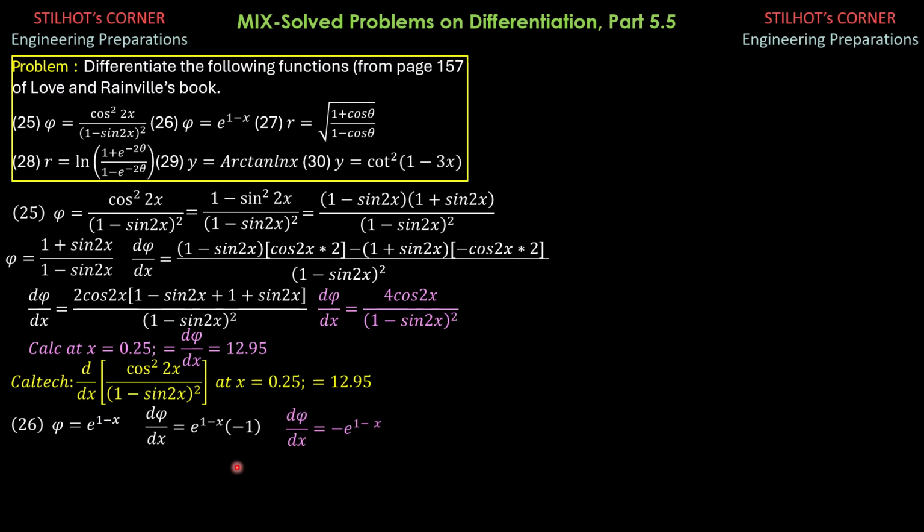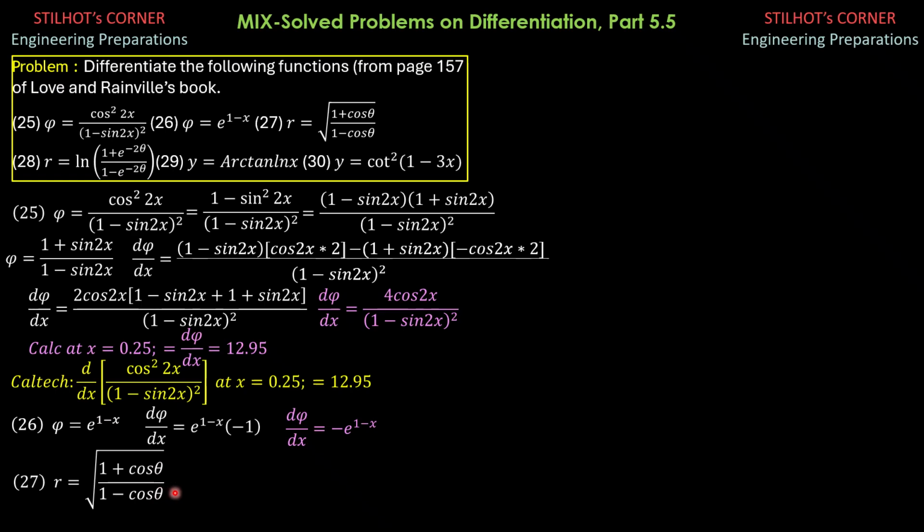Problem 27, r is the square root of 1 plus cosine theta over 1 minus cosine theta. You may write this as quantity 1 plus cosine theta over 1 minus cosine theta raised to 1 half. And you imagine that this is the u, but it would be best differentiated if we simplify this expression.